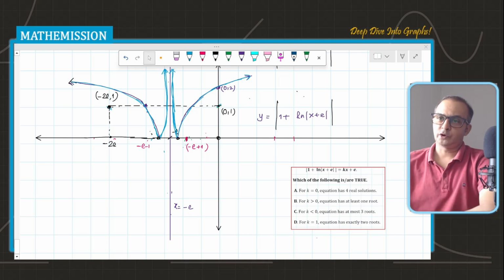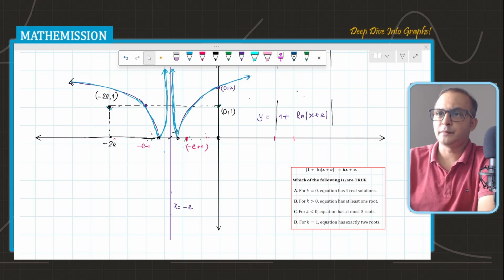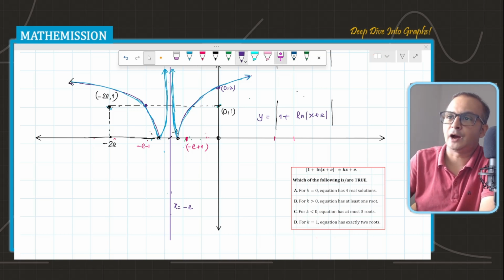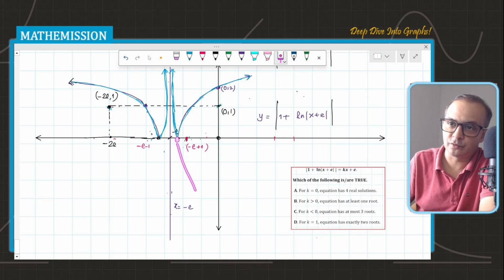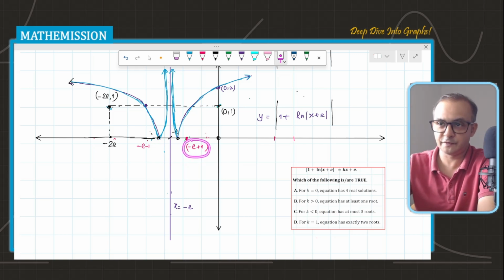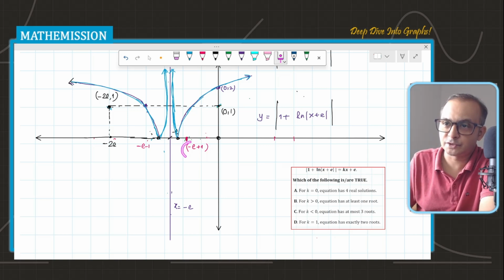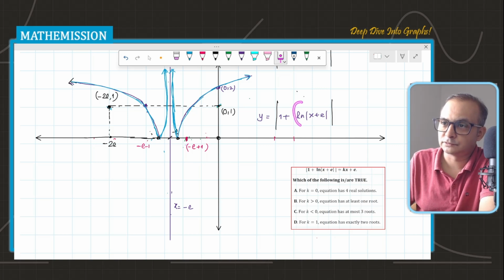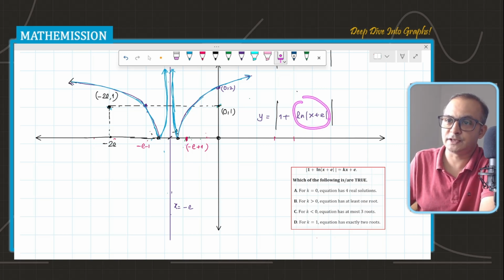Now there is one important thing I want you to understand. How do we identify these two points where this graph is hitting the x-axis? The previous points, negative e plus 1 and negative e minus 1, were for the previous graph, for this portion, log of mod x plus e.